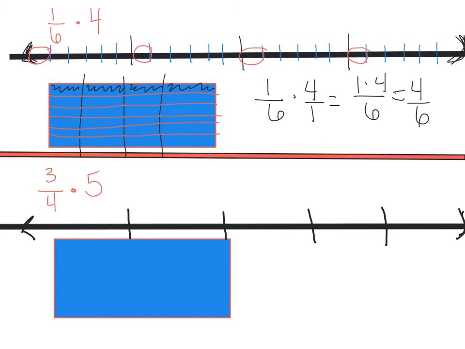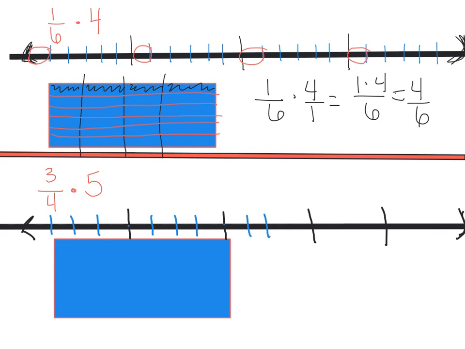And I'm going to divide the pieces of the number line into 4ths. So I make 3 cuts to make 4ths. 1, 2, 3, and now there are 4 pieces between here and here.